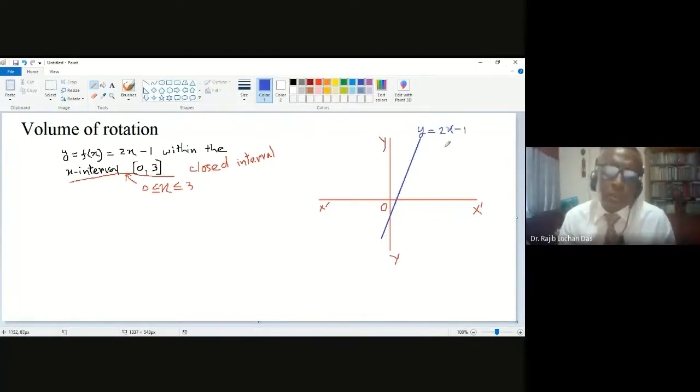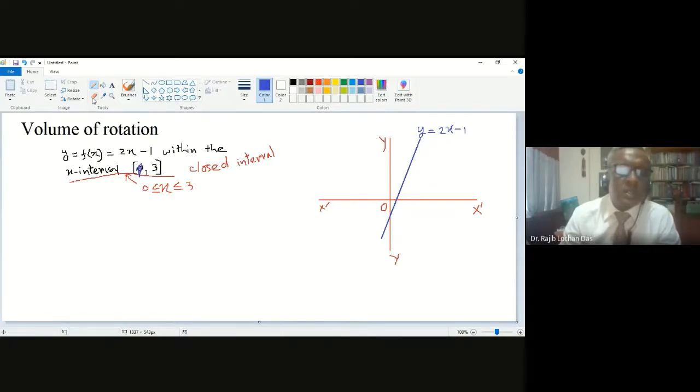Now, if this is the straight line, 0 will make a trouble here, so let us consider half here. That will be easy to understand. Let us not take 0 in this case.